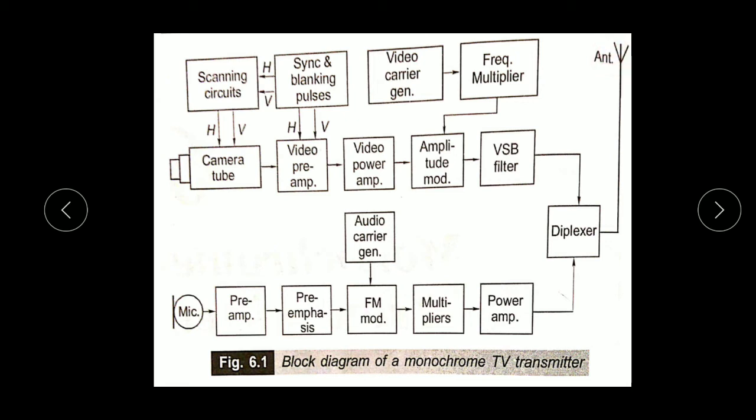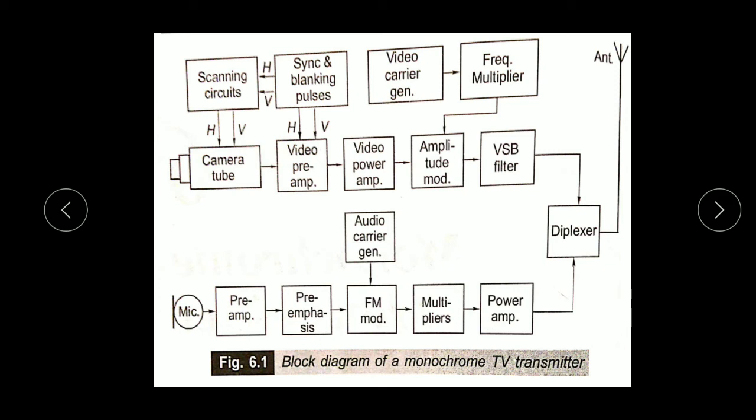This is the process for recording the video signal, and this is the process for recording the audio signal. In this, first we discuss the video portion, starting with the camera tube.